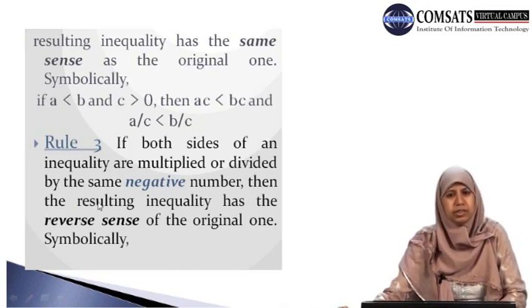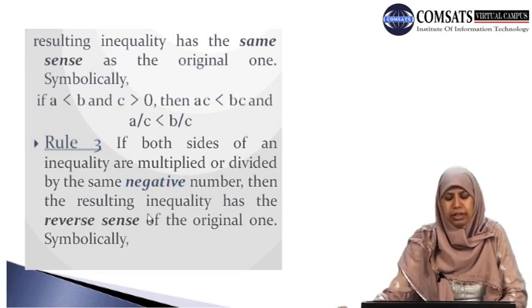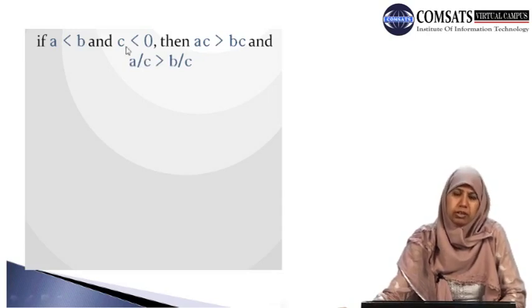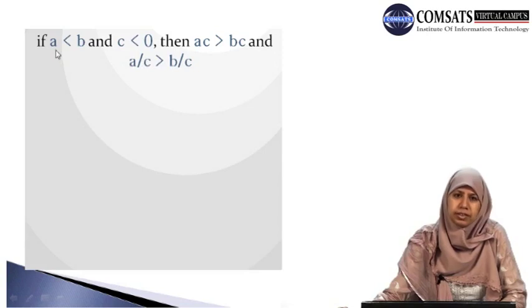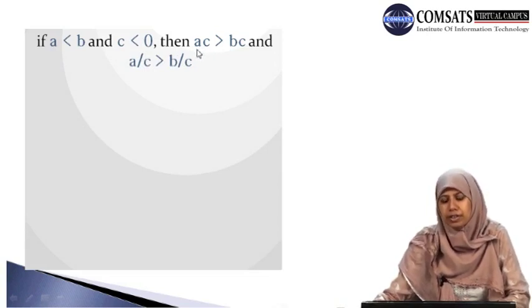What do we mean by the reverse sense here? We understand it with the help of symbols. If our inequality is a is less than b and we have some negative number c by which we want to multiply or divide our inequality, then our inequality will have the reverse sense.